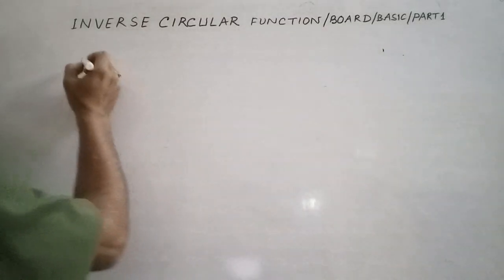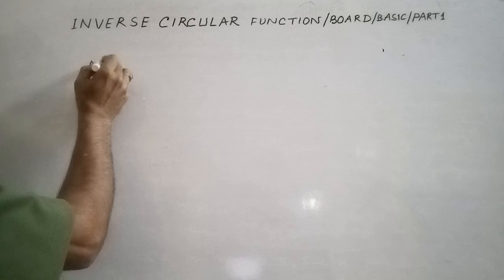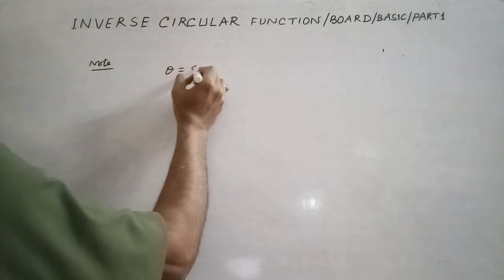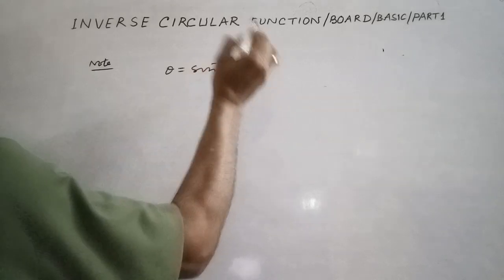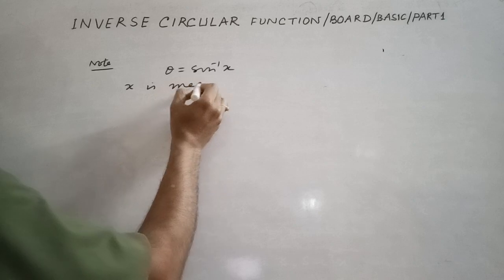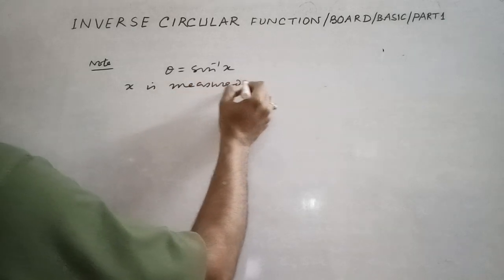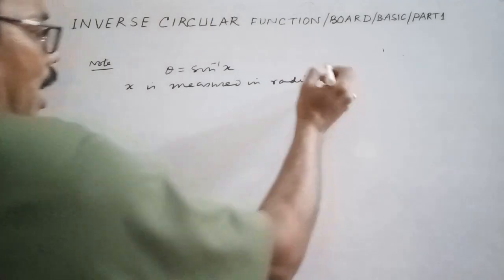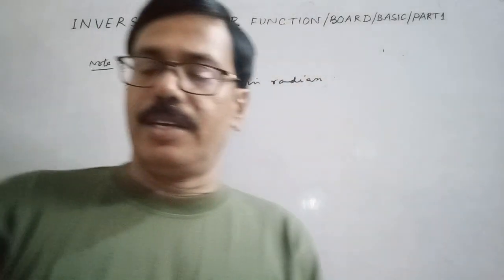Now, why is it called inverse circular function? Theta equals sin inverse x. Suppose x is measured in radian. You know, angle can be measured in degree.